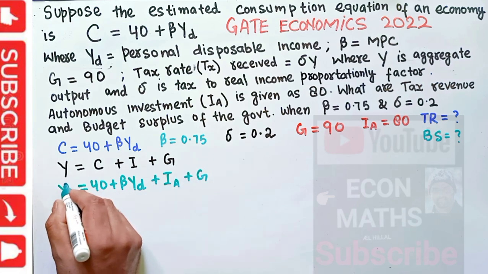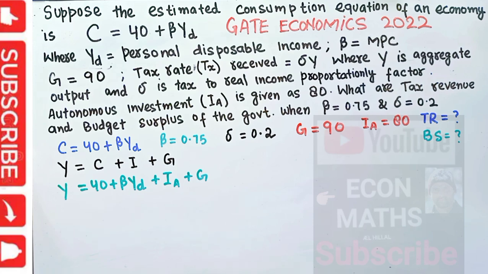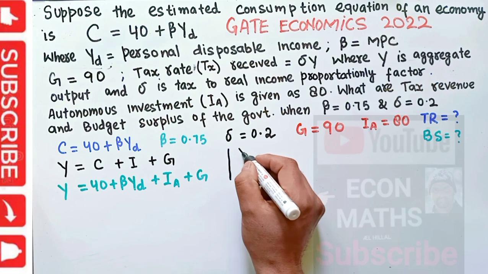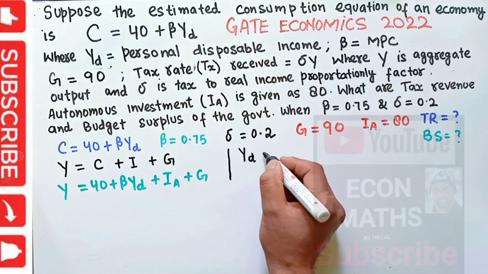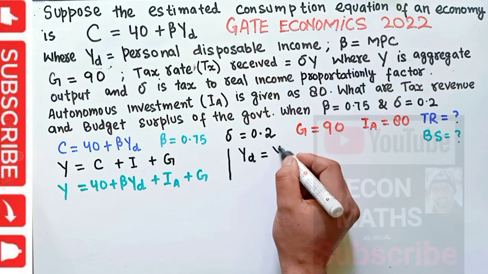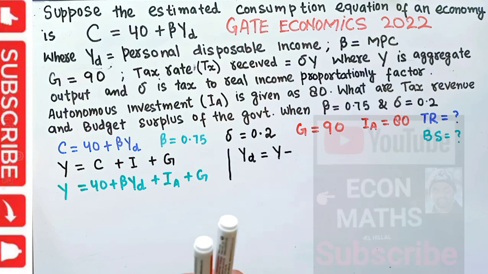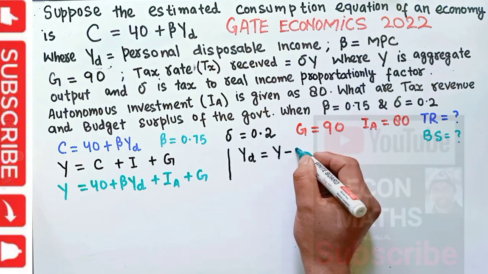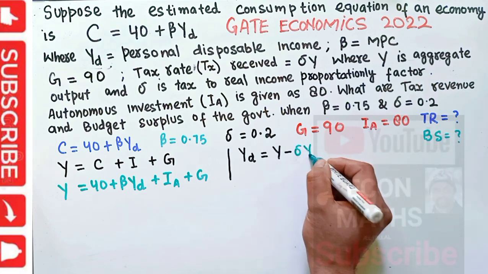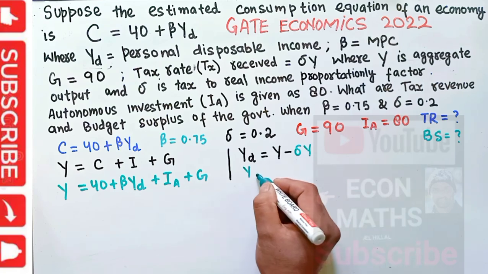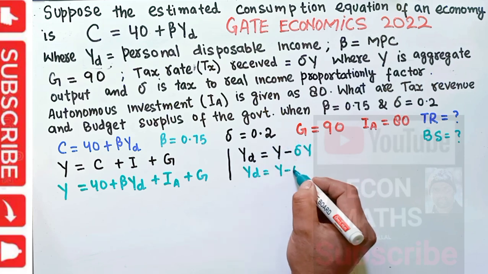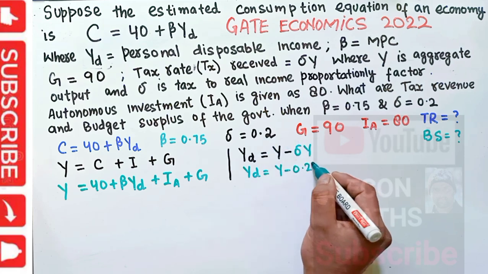This is our identity here. Now we know what disposable income is. Disposable income is simply our total income minus the tax that is paid on it. The tax is delta times Y. So our disposable income will be equal to Y minus 0.2 Y.